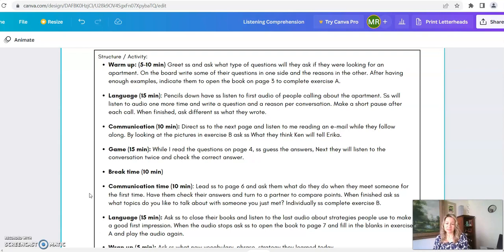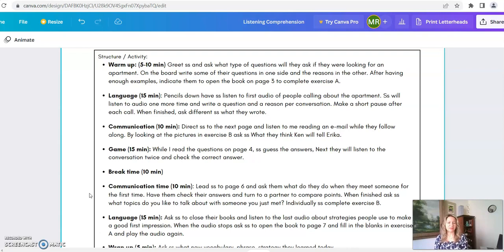I will probably read the email 2 times so they get more familiar with the vocabulary, and so that they can use it when we have that conversation about what happens with Ken and Erica.